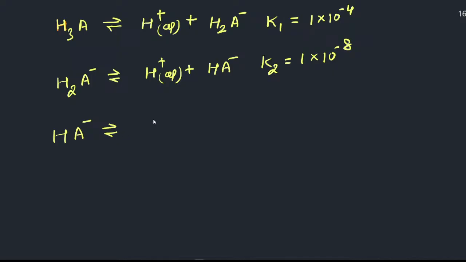And HA2 negative gives H plus and A3 negative. The value of K3 is 1 into 10 raised to power minus 16.